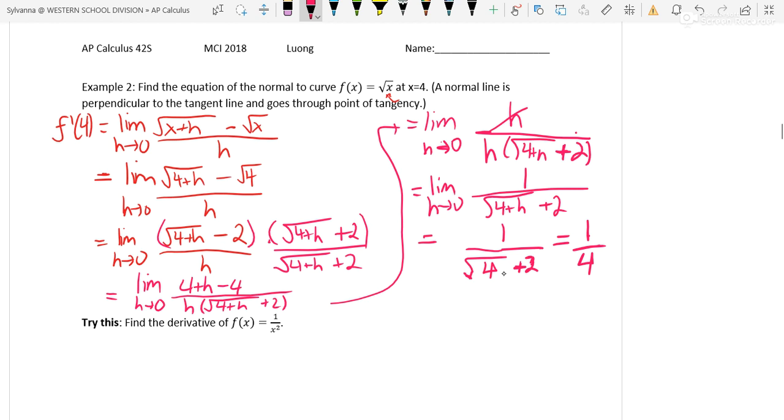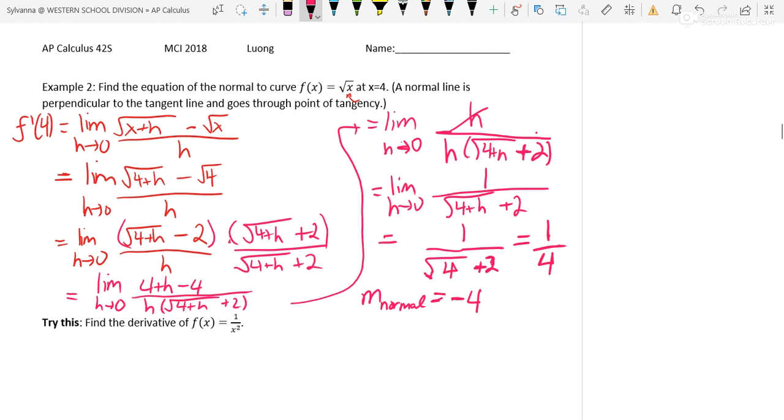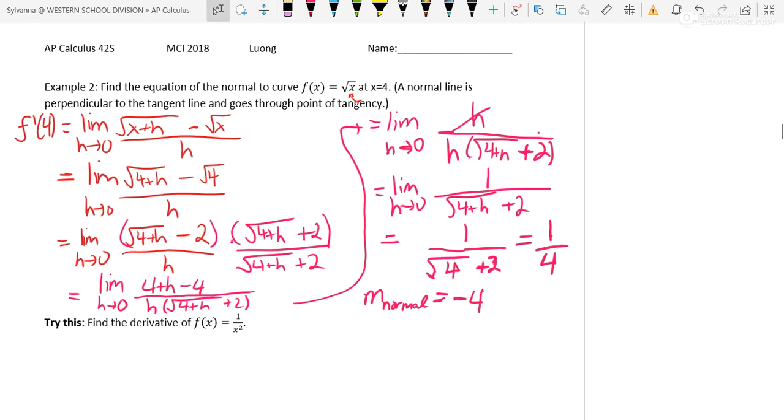Which means my m normal, my slope for the normal to the curve, is going to be perpendicular to the slope I just found. Which means it's the negative reciprocal of 1 over 4, so we get negative 4. Okay, so now we're going to plug it into our equation. It's in this format of y2 minus y1 is equal to m times x2 minus x1.